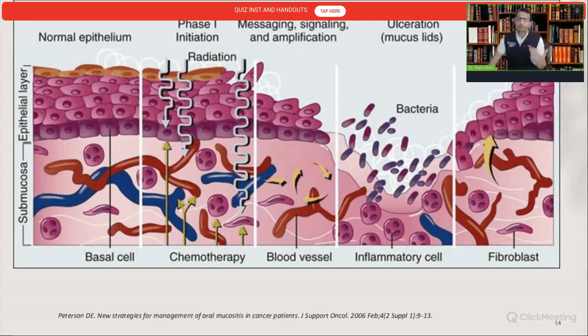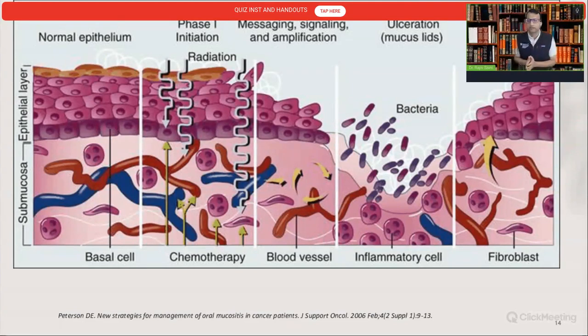Now let's understand very briefly how the pathophysiology of oral mucositis occurs. Chemotherapy drugs primarily target rapidly dividing cancer cells, but also affect normal cells, particularly in the oral mucosa. Mucositis begins with DNA damage in the basal epithelial cells, and the damaged cells release pro-inflammatory cytokines like interleukin 6, tumor necrosis factor alpha, and interleukin 1 beta, triggering an inflammatory cascade.